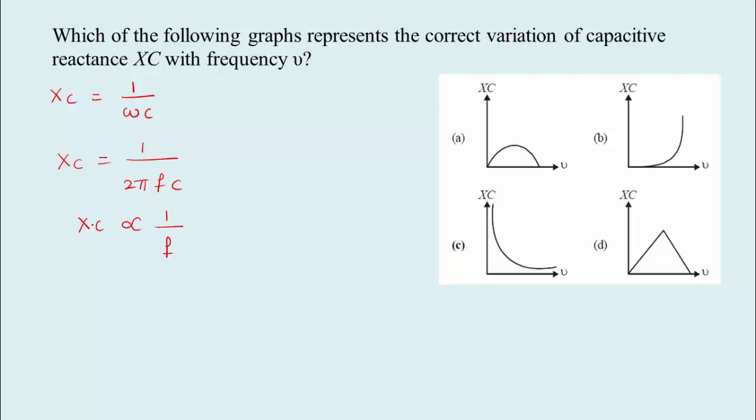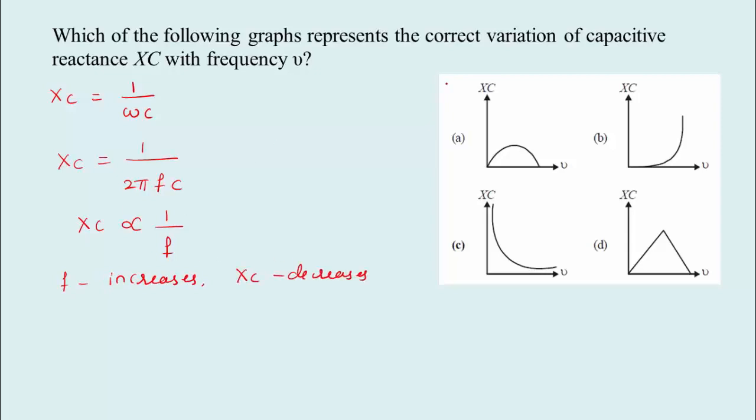You can apply this equation to the graphs to find the relation. Capacitive reactance is inversely proportional to frequency. That means as frequency increases, XC decreases.